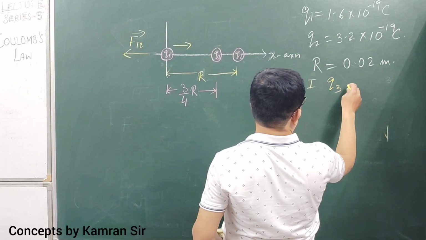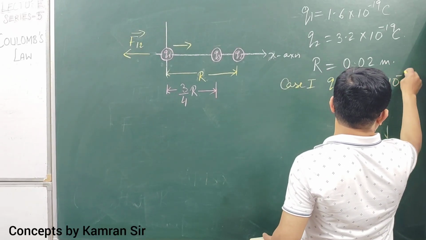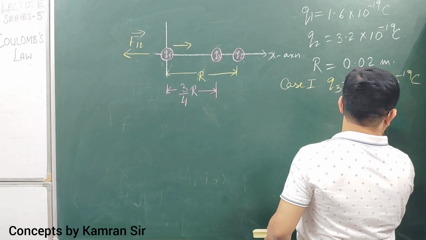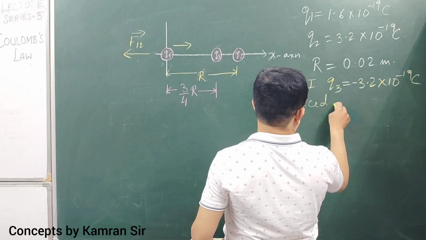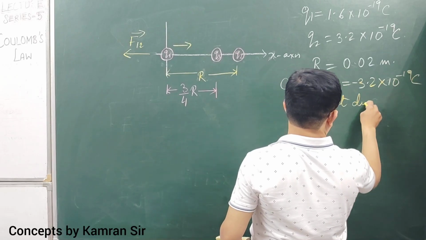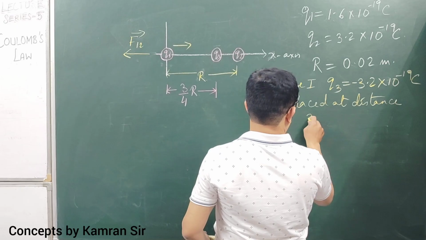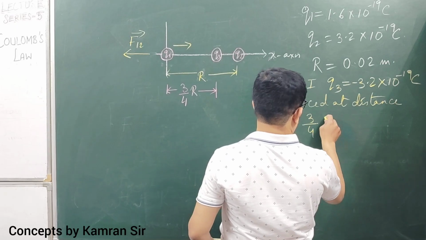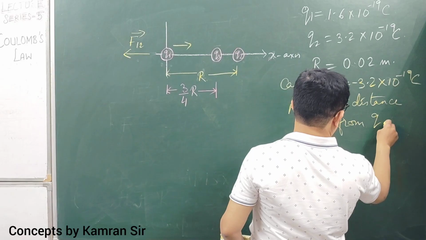So we have introduced situation 1, case 1: Q3 equals negative of 3.2 times 10 raised to the power minus 19 coulomb placed at a distance 3/4 R from Q1.